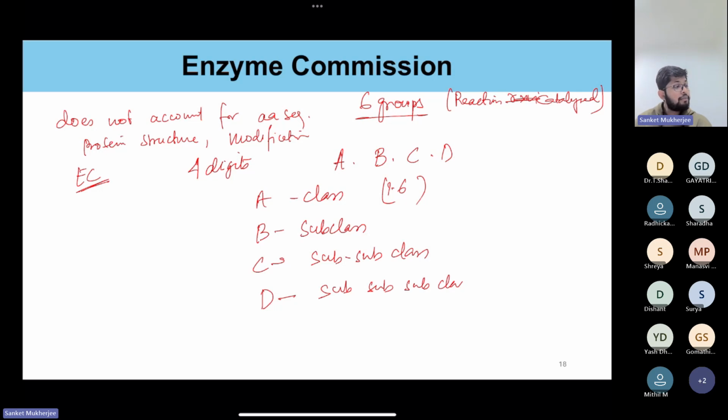Out of these, B and C give you information about the type of reaction, and D actually tells you about the substrate. For example, an enzyme with an EC number 1.1.1.1 is basically an oxidoreductase.